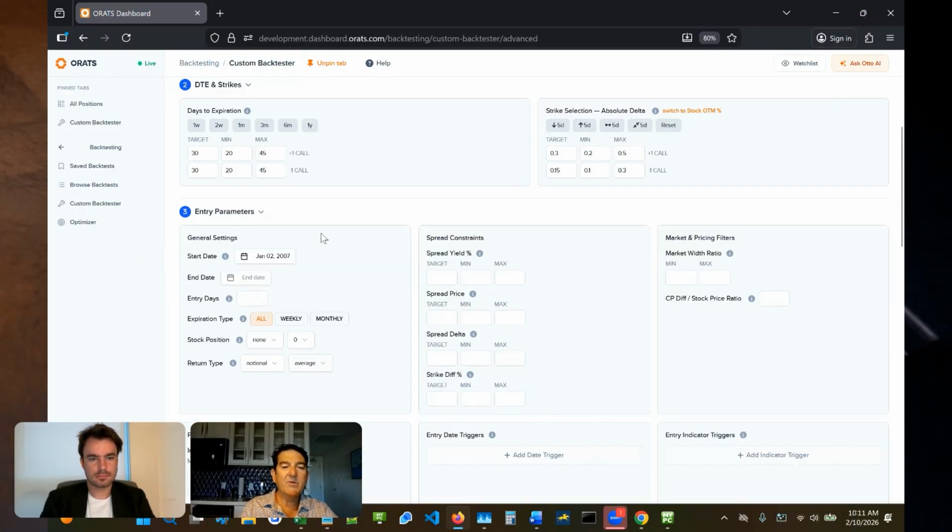Okay, so let's look at the entry parameters here. You could set the start date, so you could go all the way back to 2007, and then set the end date, or we set it automatically for when we update the database. And then entry days. Entry days is sometimes misunderstood.